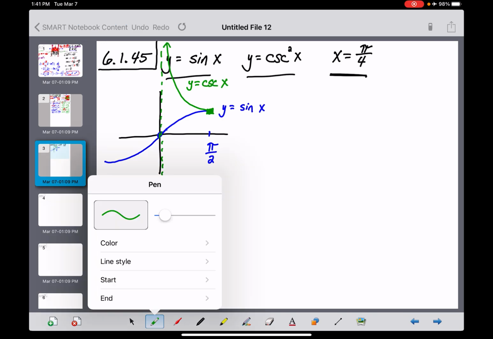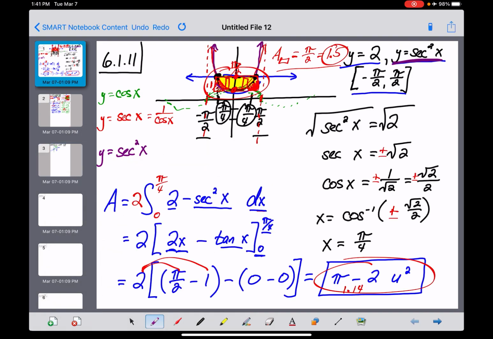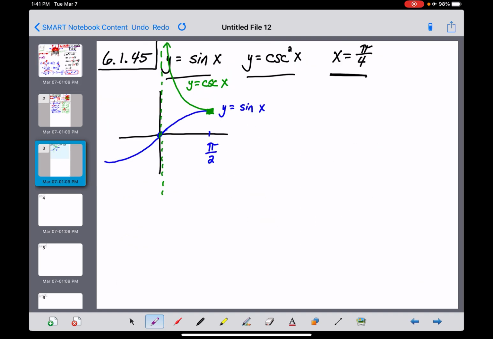But wait a minute, we wanted the graph of cosecant squared of x. As I talked about in problem number 11, the graphs of secant and secant squared are really pretty much the same, at least in the part we're looking at right now, and more or less the same thing happens here. All of these values we have in green for cosecant of x start at 1, and when you square 1, you still get 1.